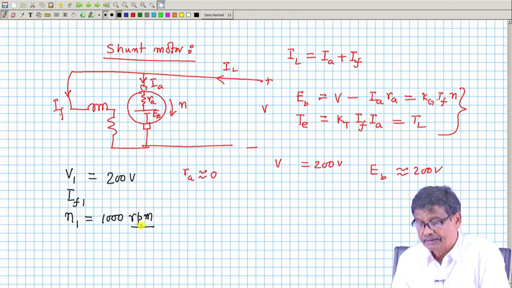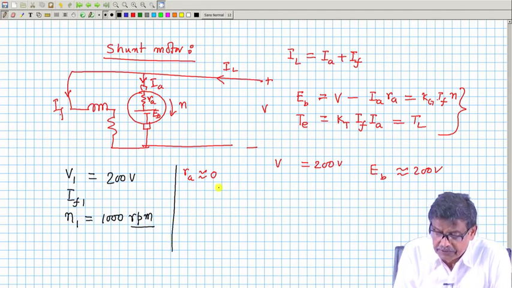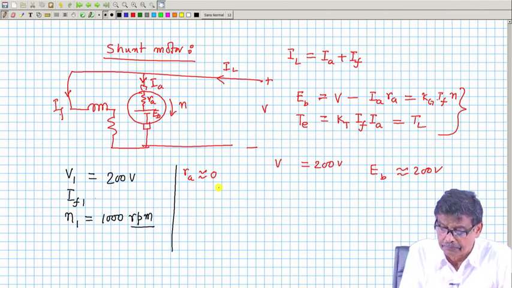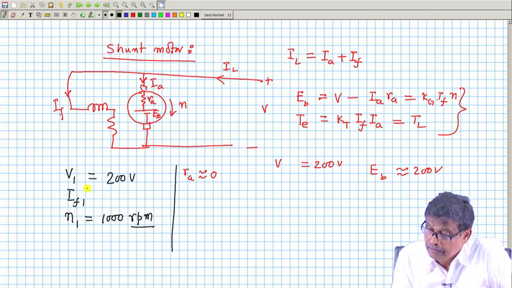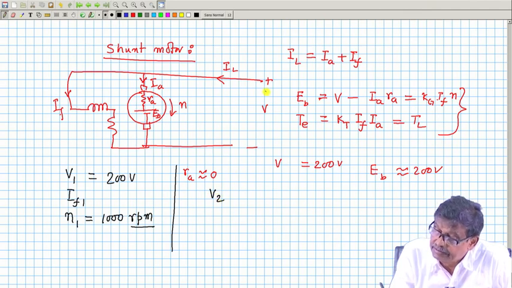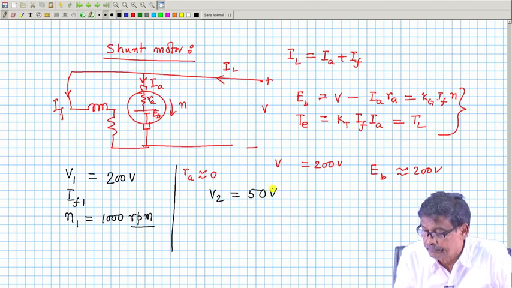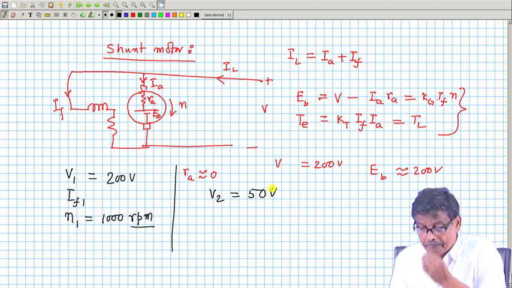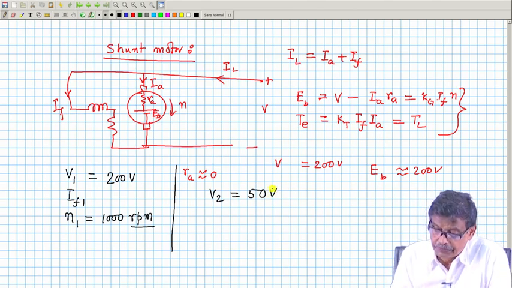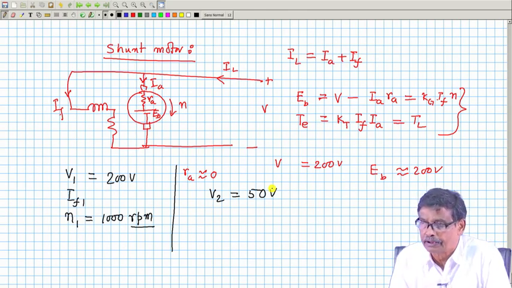Now, the machine is found to run steadily at this RPM. I F 1 has got some value. Suppose I make the applied voltage, that is this voltage V 2, 50 volt, and ask you what is the speed at which the machine is going to run.